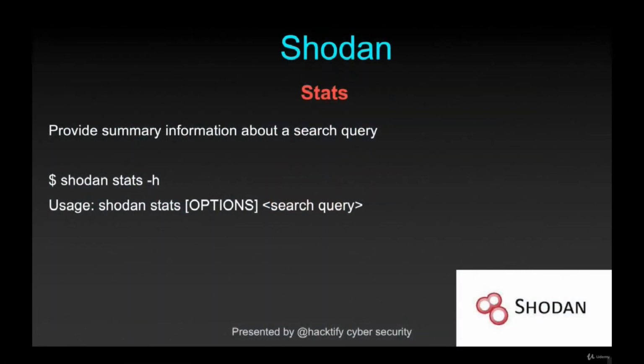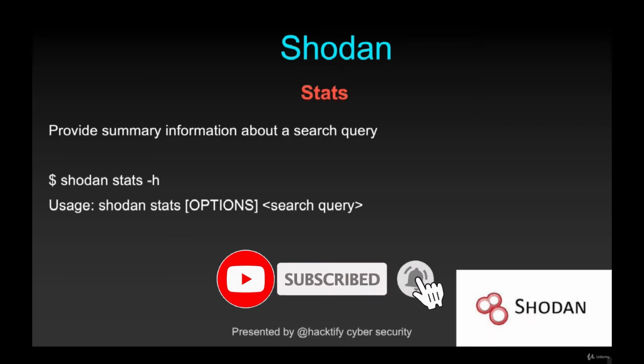Hello everyone. So in this video, we are going to see how we can utilize the stats command in terms of Shodan. When you use this particular command, it is going to provide you the summary information about a search query that you are going to perform.